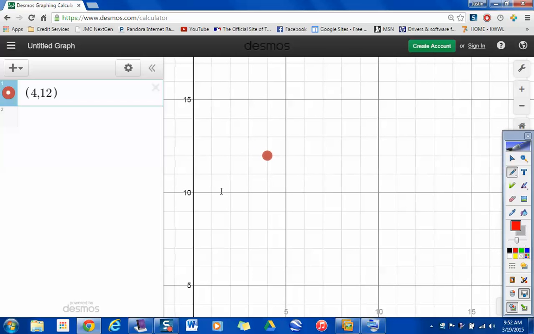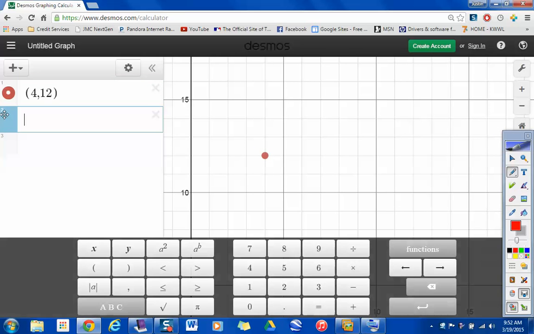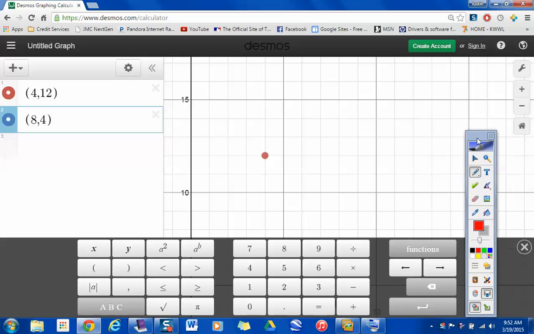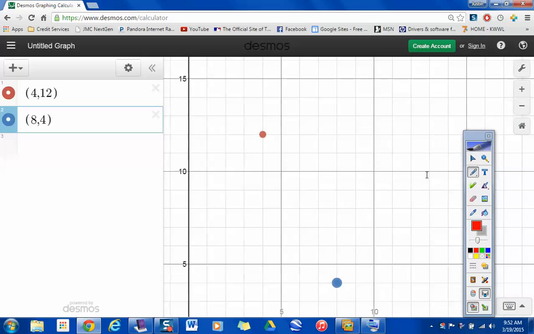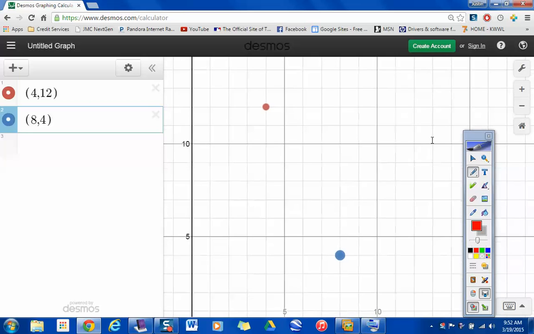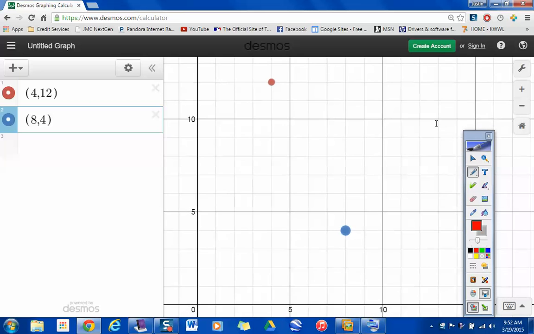Okay, so click on number 2 right there to get a field open and plug in 8, comma, 4. Okay, you see my point 8, comma, 4 clear down here? You guys okay with that?